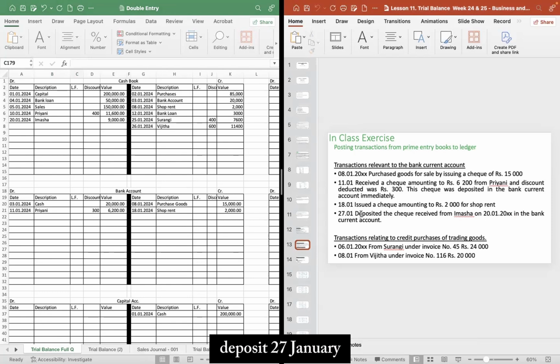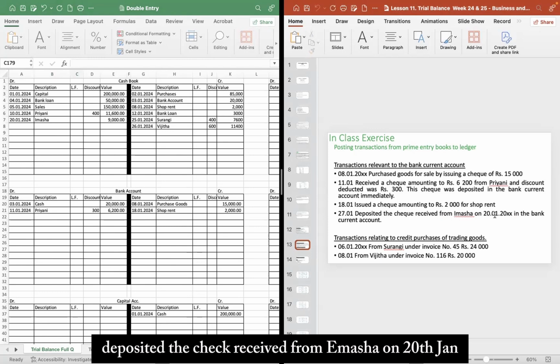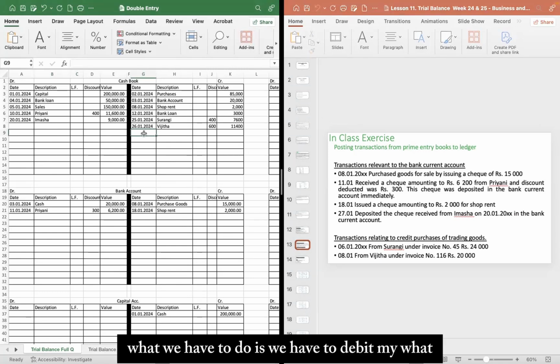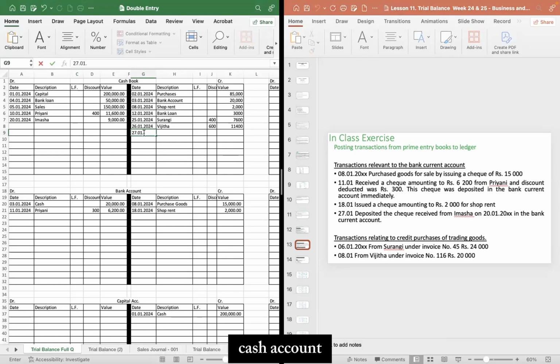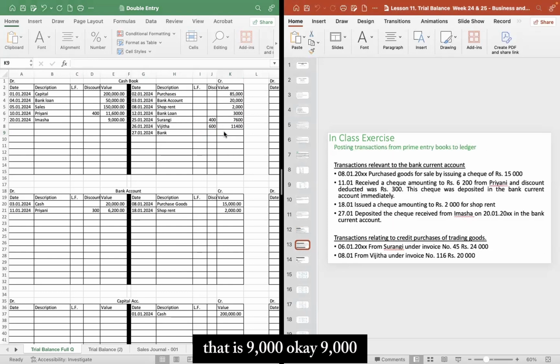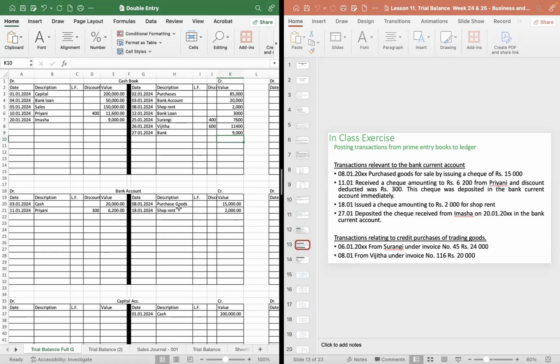Deposited on 27th January the check received from Imasha on 20th Jan in the bank current account. Initially, we have to debit my cash account. The check in my cash account, I debit as bank. The amount, if we go to the 20th and check, is 9,000. Then my bank balance increases, so I debit it, and it can be put in the cash book. For Imasha, we should put cash there.